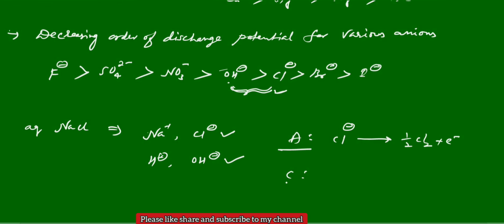And at the cathode, again you can check. Here sodium plus has more discharge potential than H plus. So according to the discharge potential theory, H plus can take an electron and liberate as hydrogen gas at the cathode. That's it. Very simple. Like this we can easily identify.